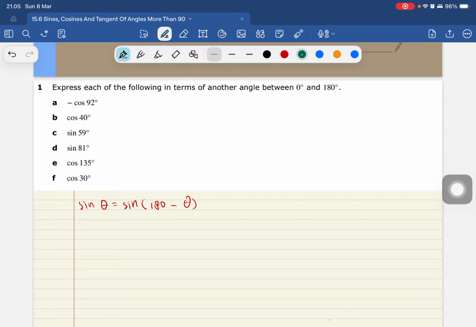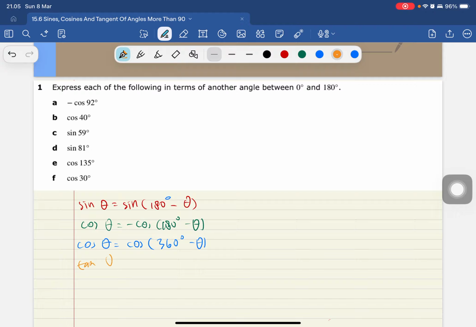The next, cos theta equals negative cos of 180 degrees minus theta. Next, cos theta is cos of 360 degrees minus theta. And the last, for tan theta, this is tan of 180 degrees plus theta.